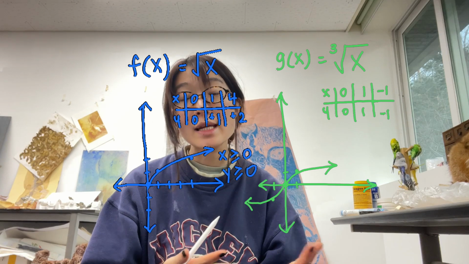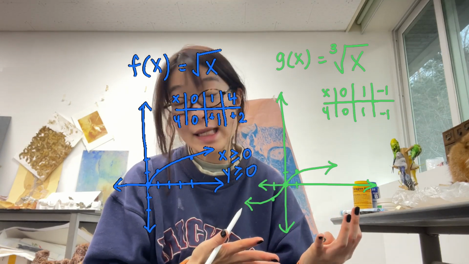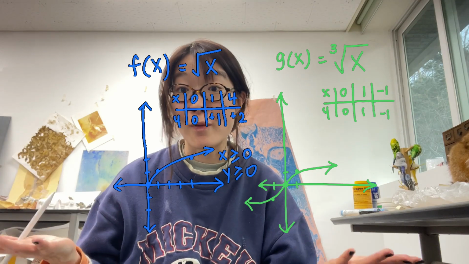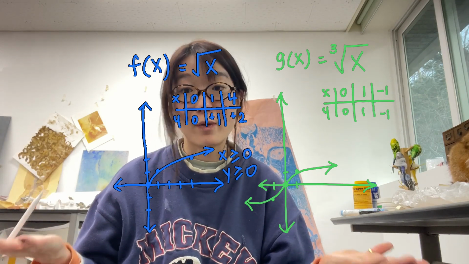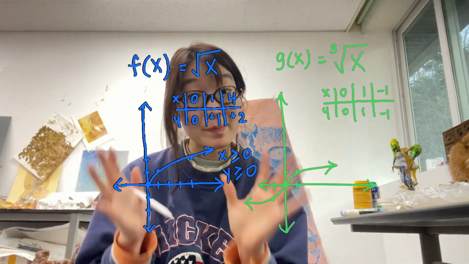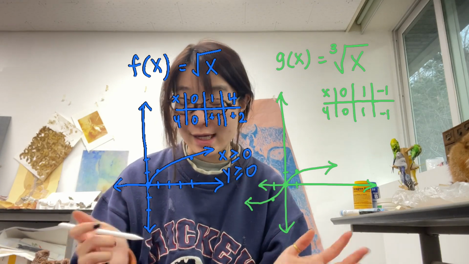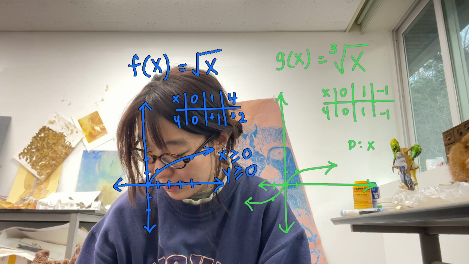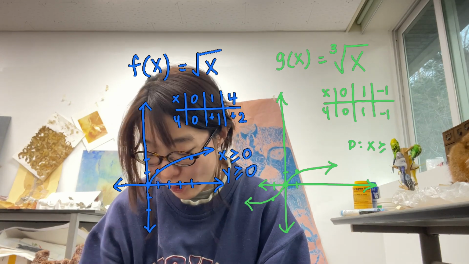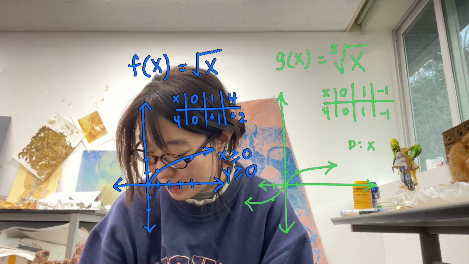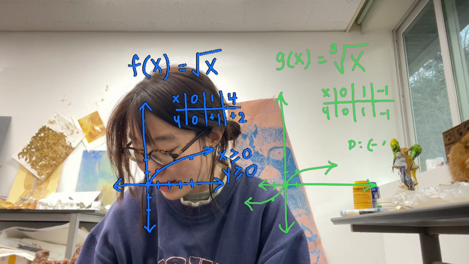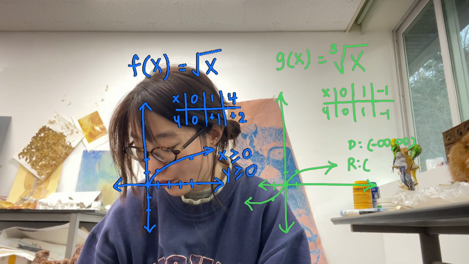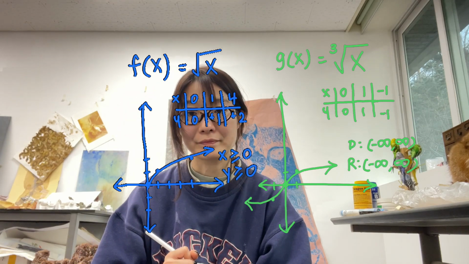And I can do the vertical line test, and this passes, so therefore there's no need for us to limit or specify a particular domain and range, right? So our domain would be all real numbers, and our range would be all real numbers as well.